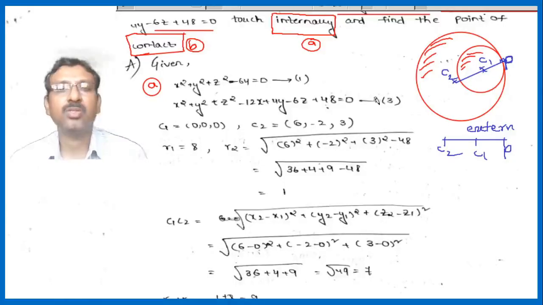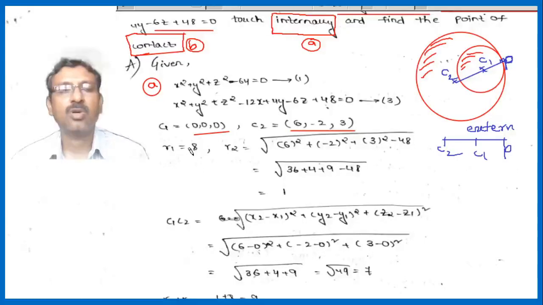The origin is the center of the first sphere, and the center of the second sphere is 12, half of 12 is 6, therefore 6, 2 and 3.